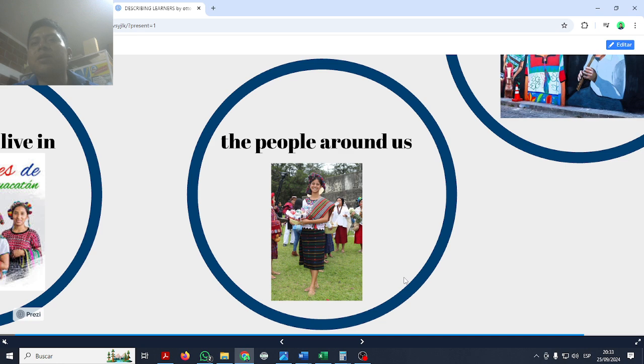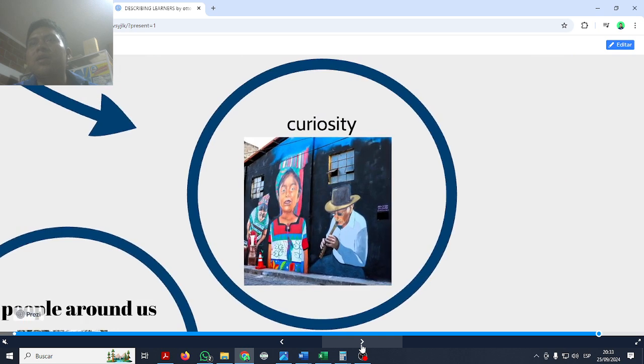But it's very important to know this part, and the curiosity about the students.